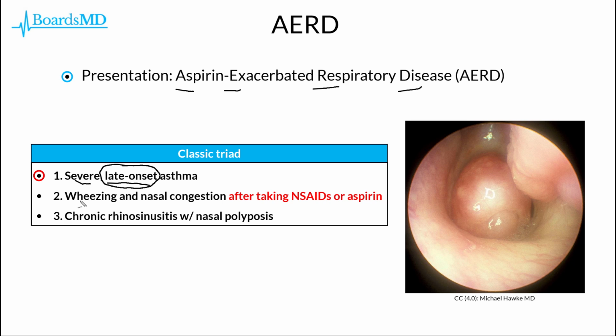Additionally, these patients will present with wheezing and nasal congestion, which tends to occur after using NSAIDs or aspirin, and it is important to emphasize here that although this disease is named aspirin exacerbated respiratory disease, NSAIDs can also ultimately set off these symptoms. The third component of the classic triad in AERD is chronic rhinosinusitis with nasal polyposis. And we have an example here of a nasal polyp in this patient, and this is absolutely classic for AERD.